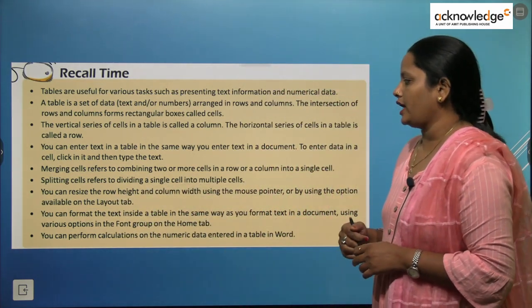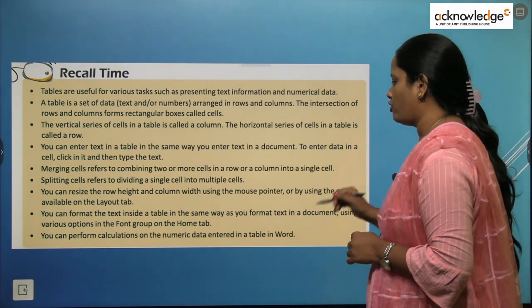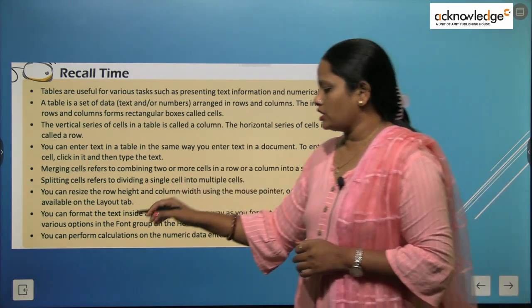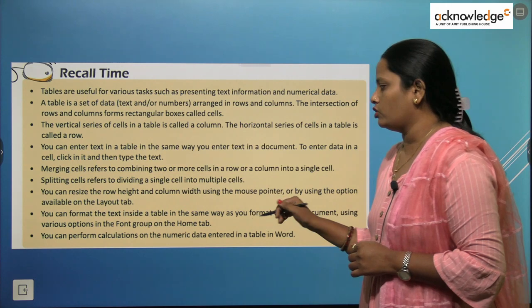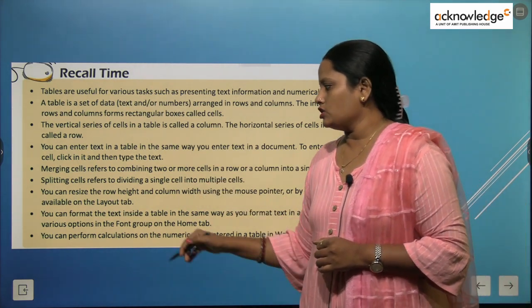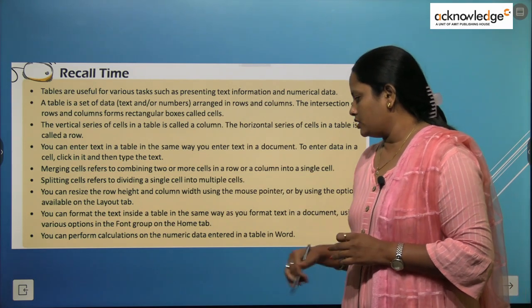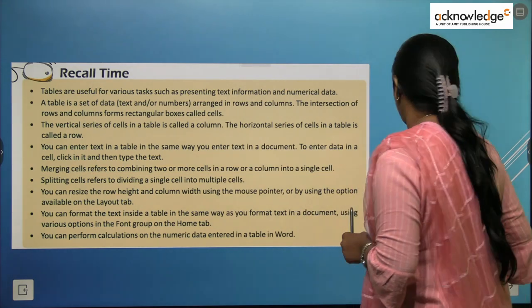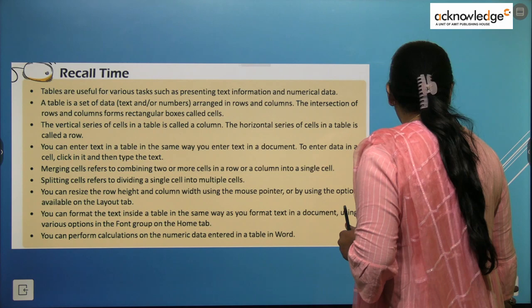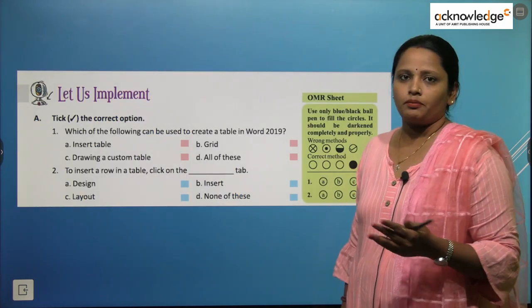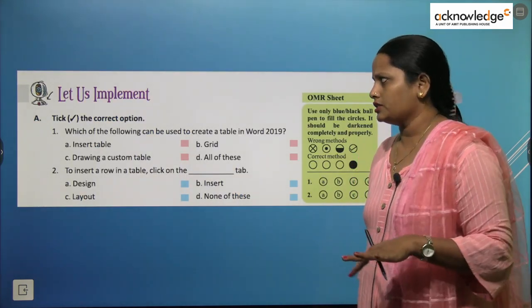You can format the text inside the table in the same way as you format text in the document using various options in the font group on the home tab. You can also perform calculations on the numeric data entered into a table in Word. So, these were all the points that we have learned in this chapter and we have recalled it.